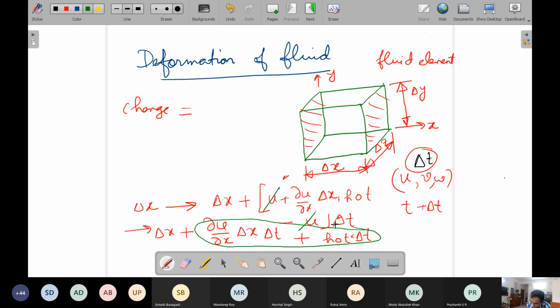So this is the change in delta x. So change in delta x, plus higher order term into delta t. Okay.